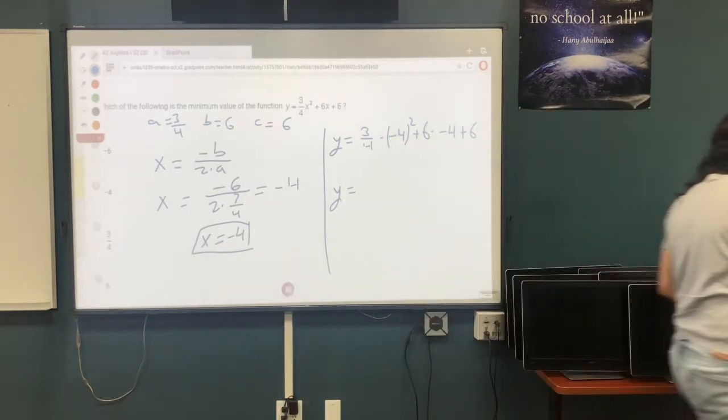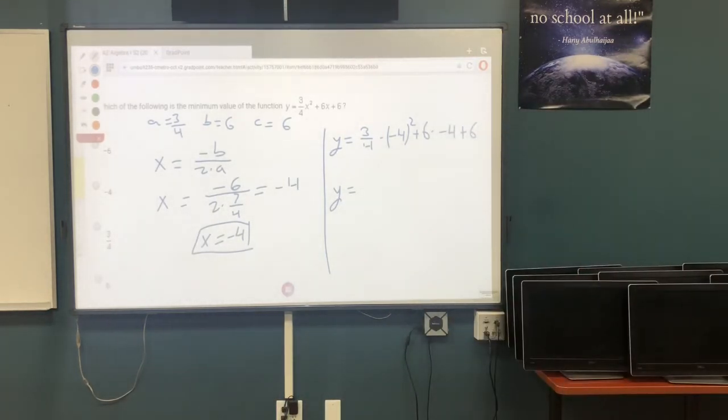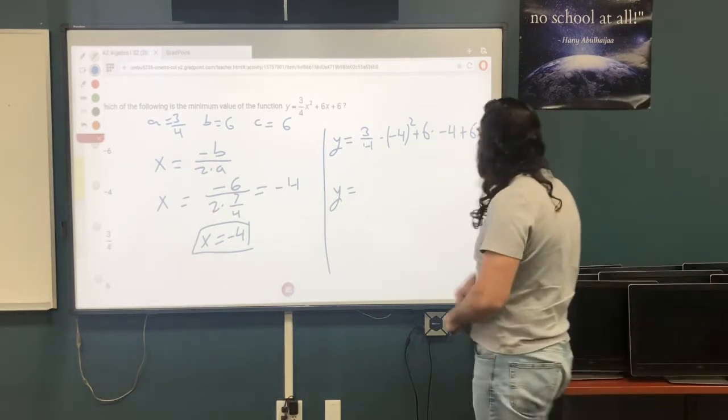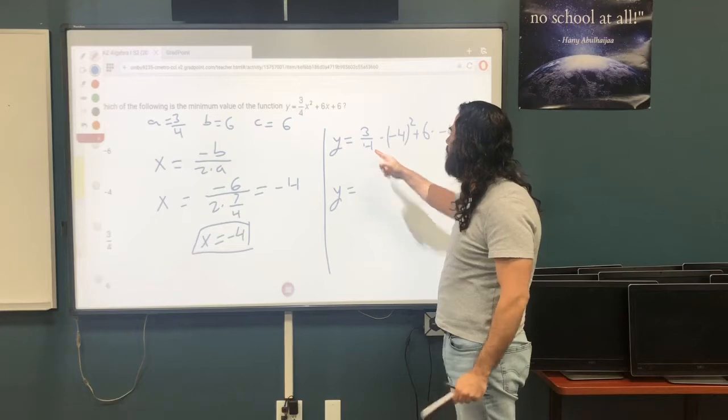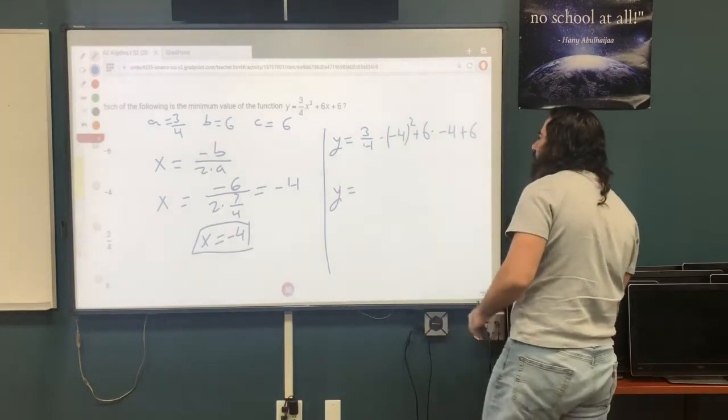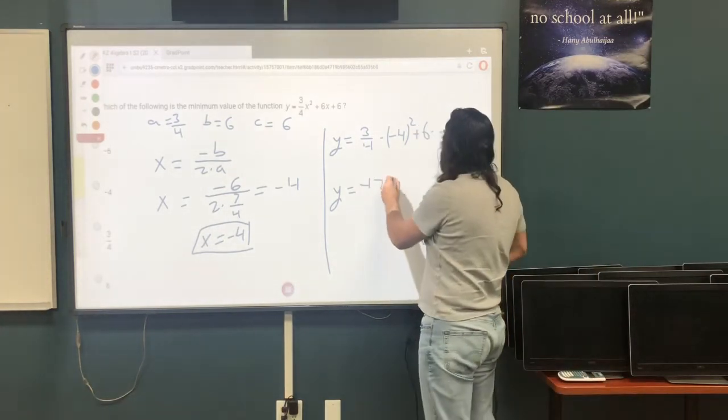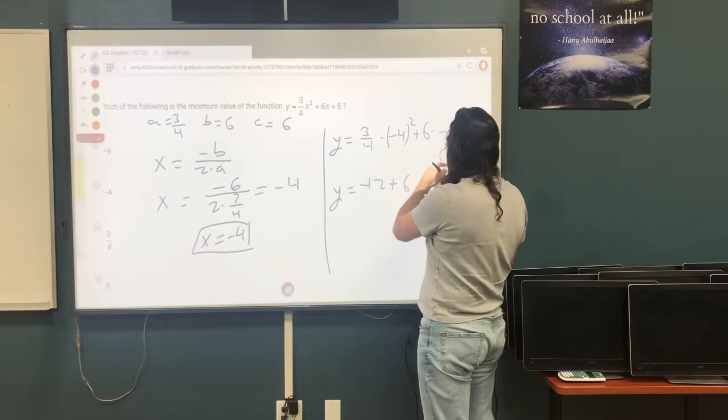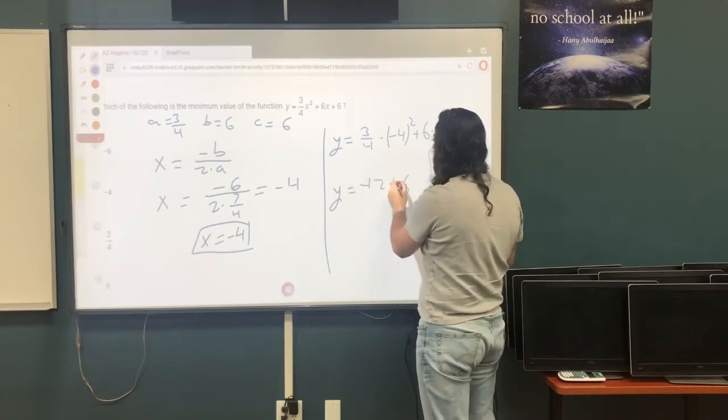Let's get a calculator. Let's do it with that. So we have 16 divided by 4 is going to be 4 times 3 is negative 12. So negative 12 plus 6 times negative 4, which is negative 24.